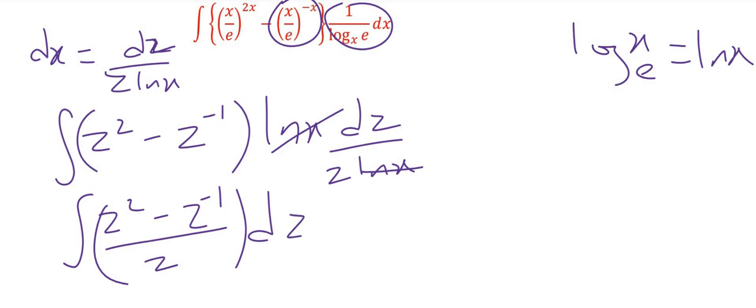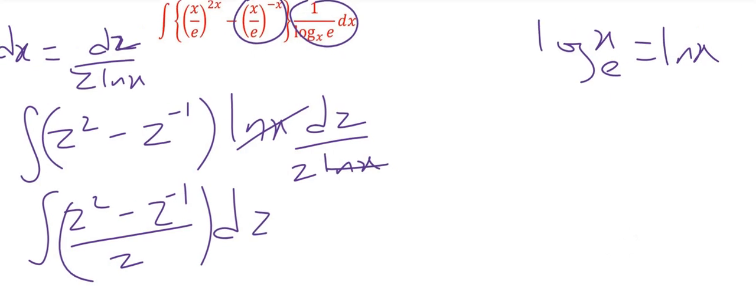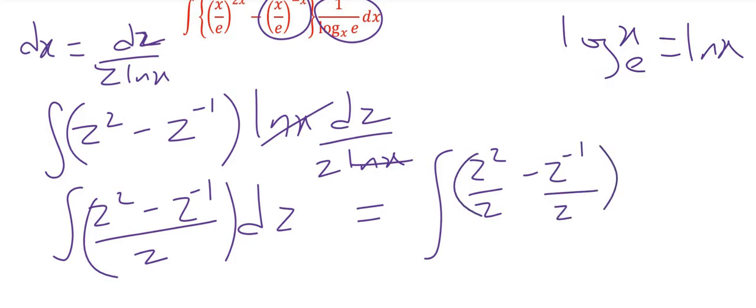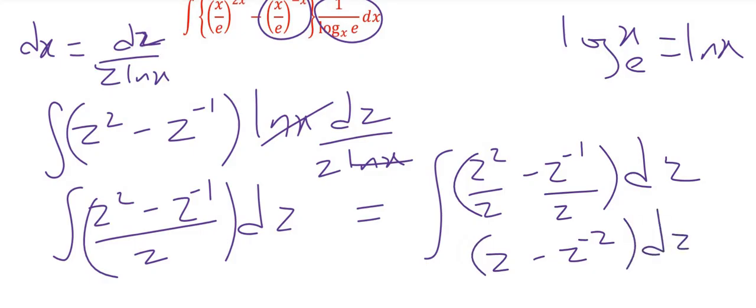We are getting there. With this, I have the integral of z squared over z minus z negative 1 over z, with respect to z. Here you have z minus z negative 2. If you divide z squared by z, you get z.